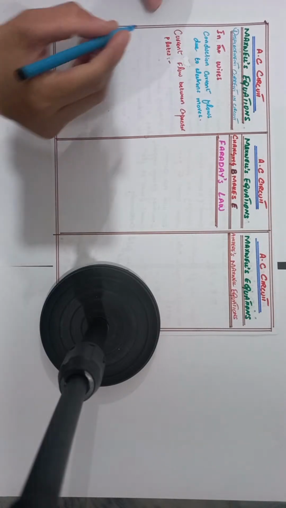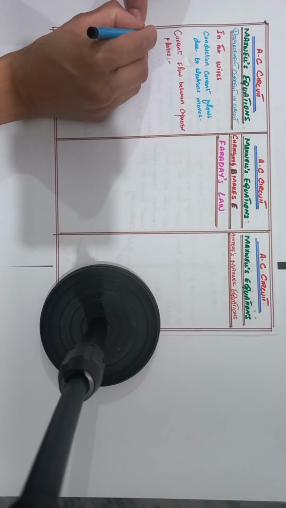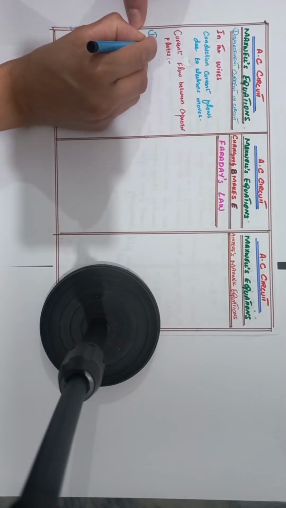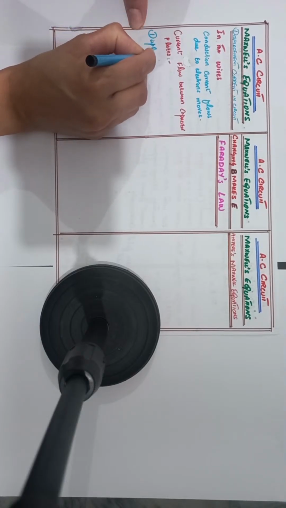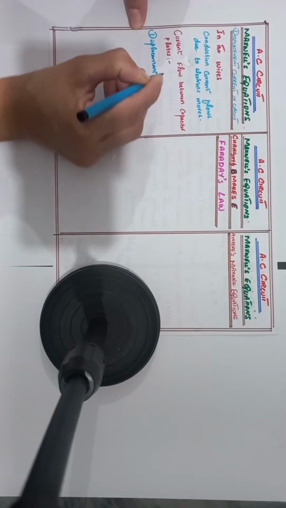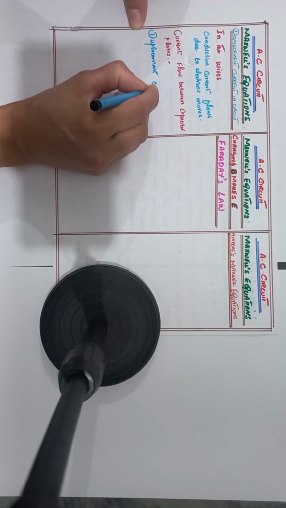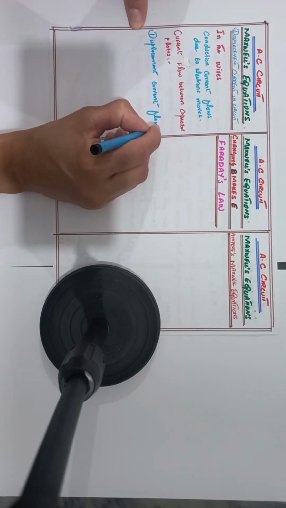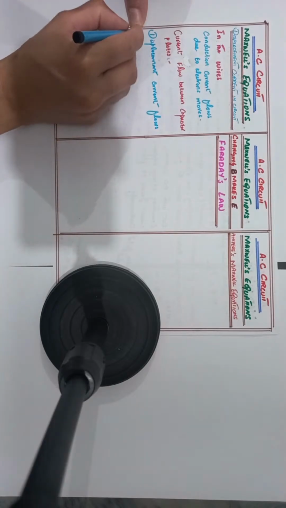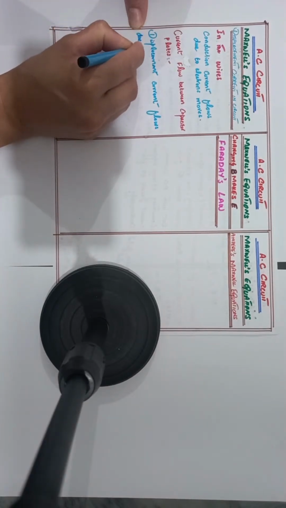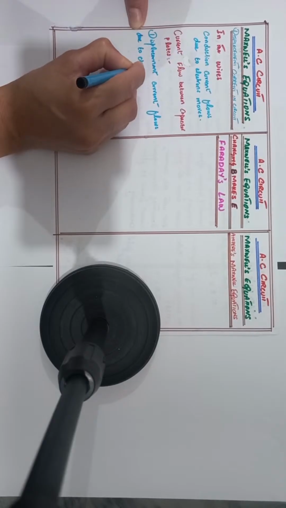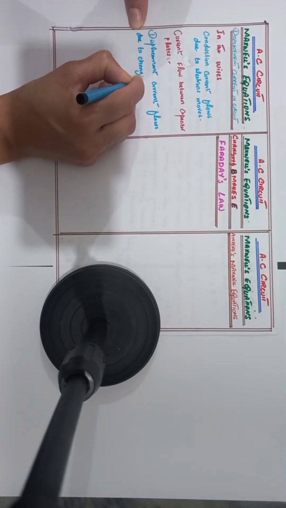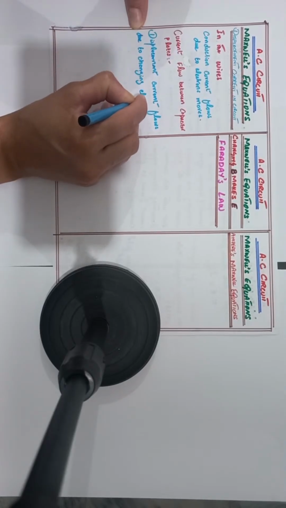So here we write that the displacement current flows due to a changing electric field.